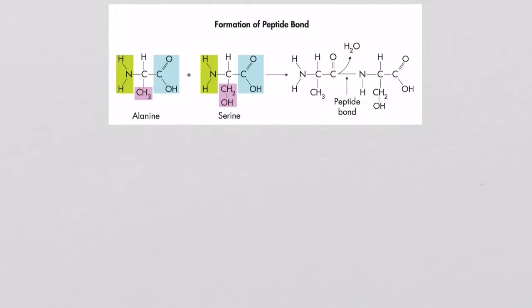Also note that between alanine and serine here, this molecule is basically the same as this molecule. The only thing that changes is this purple portion, and this is what we call the R group section of the molecule, and this is just what will distinguish one amino acid from another, and it will vary depending on what the amino acid is.